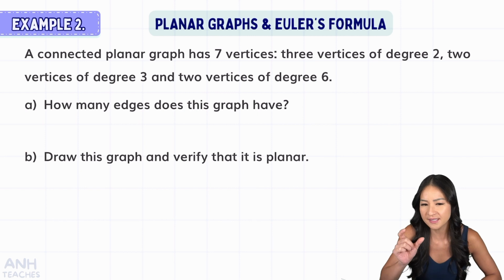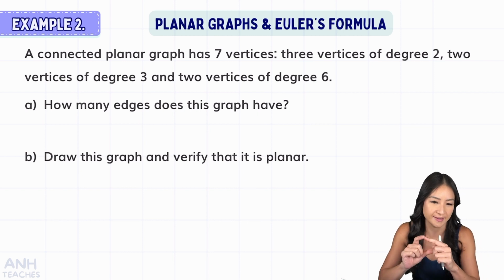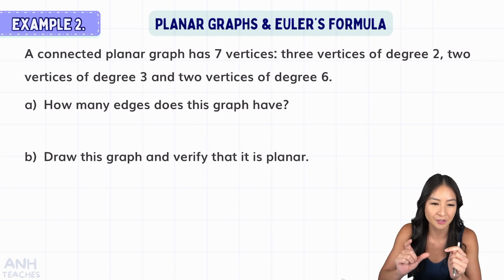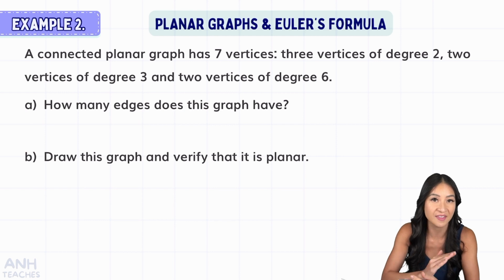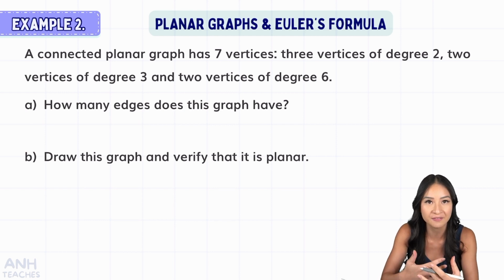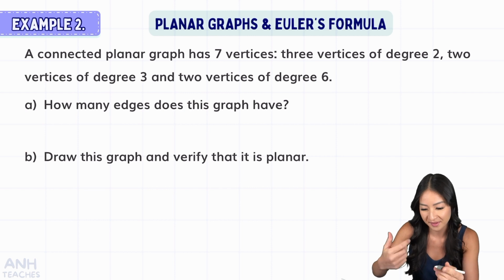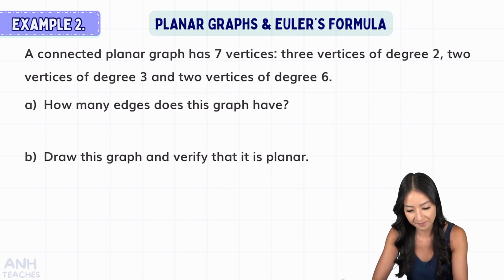Okay, so every single edge has 2 ends, which means that it's going to contribute a degree of 2 to the entire graph. Which means that if I calculate the total number of degrees of the graph and then divide it by 2, I'm going to find out the number of edges. So let's go ahead and do that.